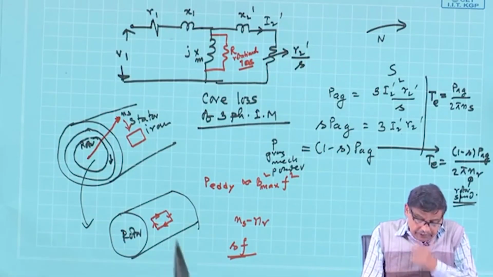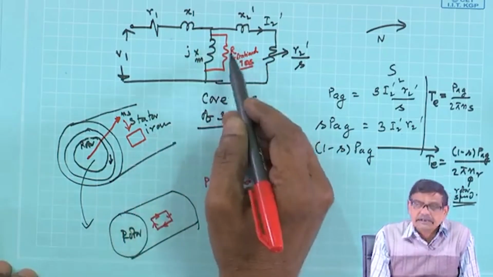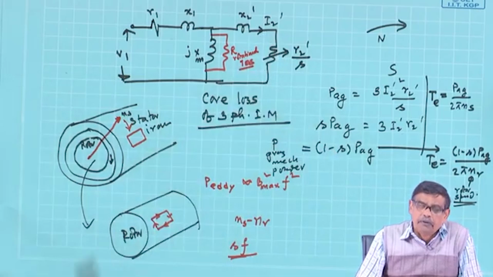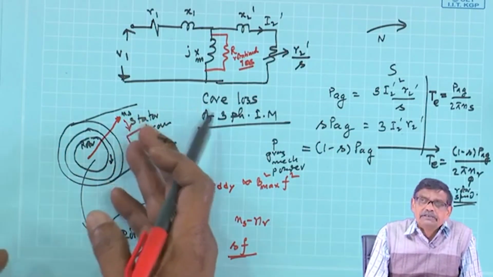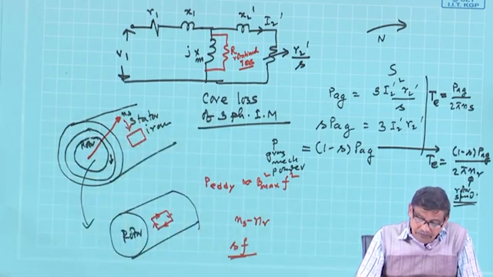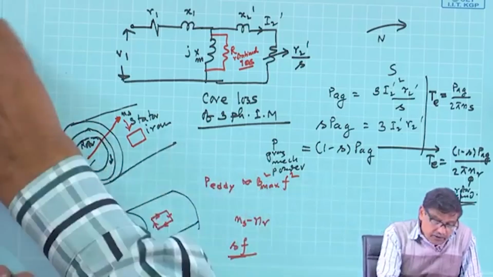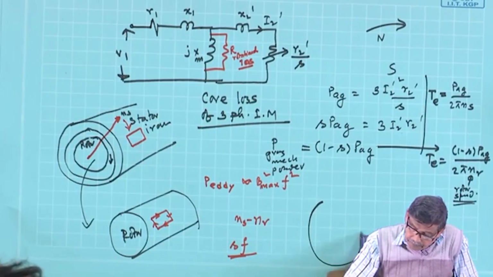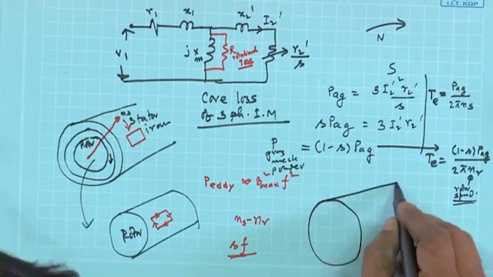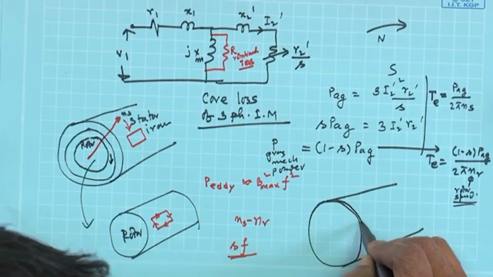Now, you have to see that this rotational loss is small. To reduce this rotational loss, what you can do is, instead of using a solid block of iron for this rotor, you use circular plates.